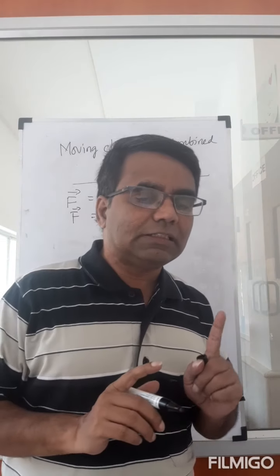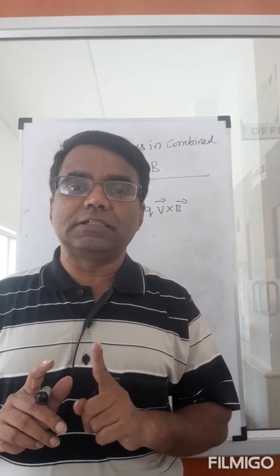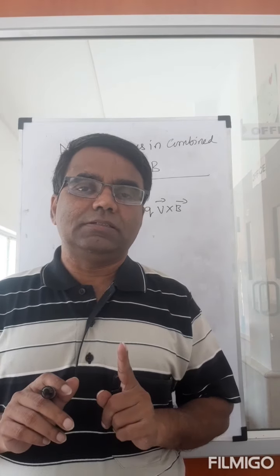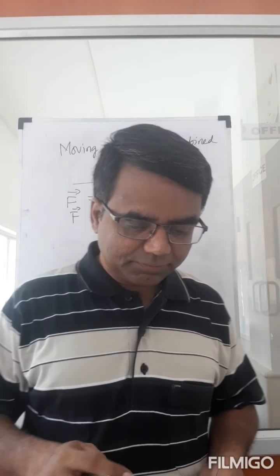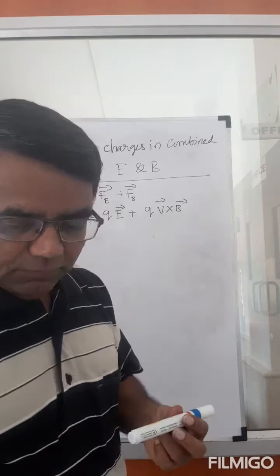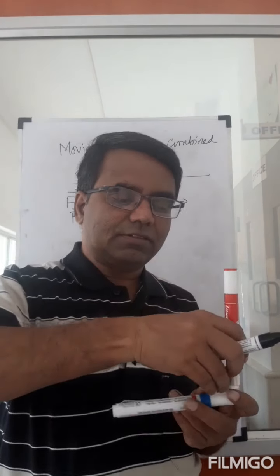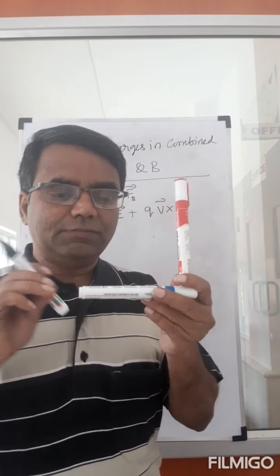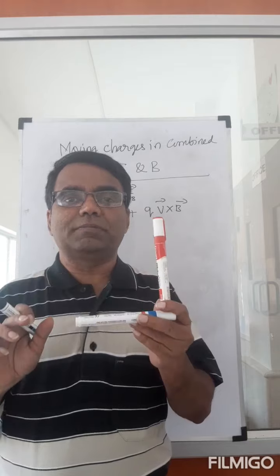What if I keep B and E perpendicular to each other? If B is like this, and E will be like this, and this is V, then what will happen? It's a question.